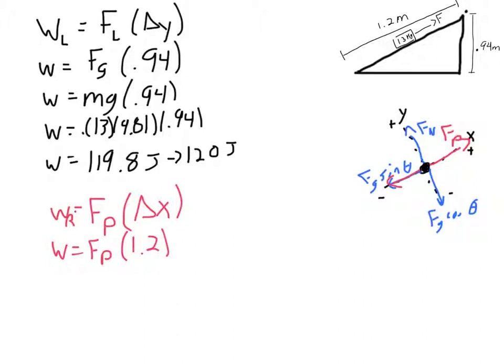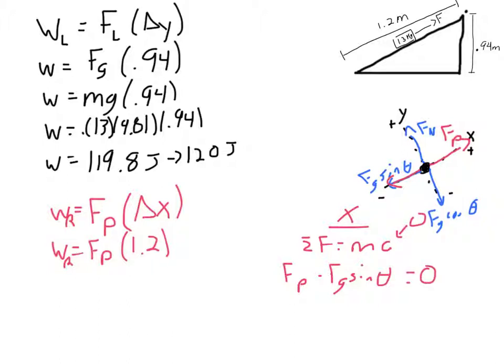And you go, well, what is FP here? Okay, so the only way to get that is to go back to Newton's second law and to do a free body diagram. Tilted the axis, right, all the things we've already talked about. This is happening in the x-axis. In the x-axis, sum of my forces equals MA, so I'm going to have FP minus, remember down the ramp is FG sine theta, and assuming I'm moving at constant velocity, that's the assumption I'm making for both of these, right, equals 0.